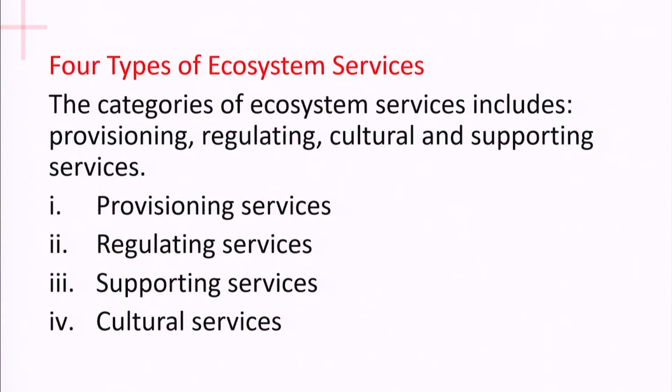Now let us see the 4 types of ecosystem services. The categories of ecosystem services include provisioning, regulating, supporting and cultural. So they are termed provisioning services, regulatory services, supporting services and cultural services.